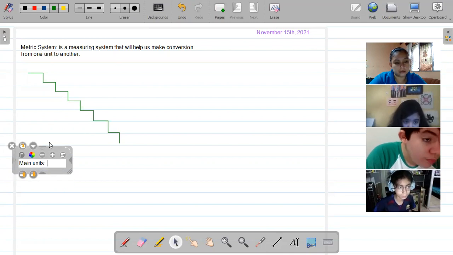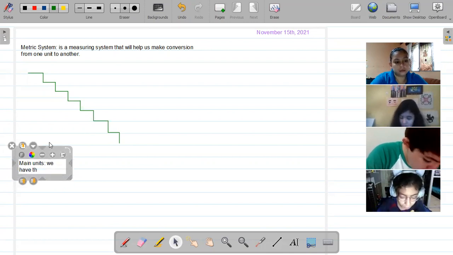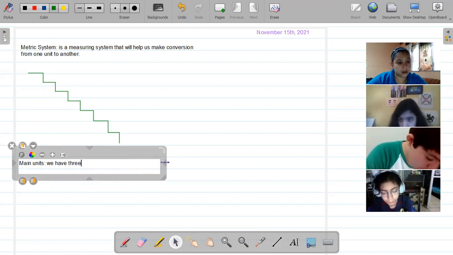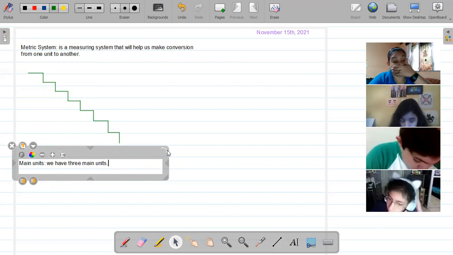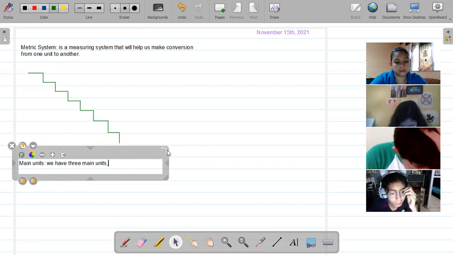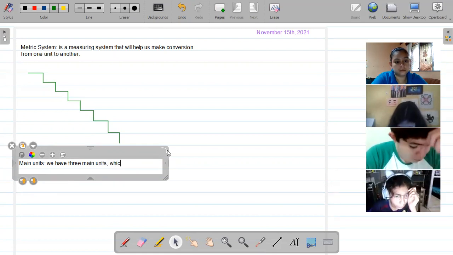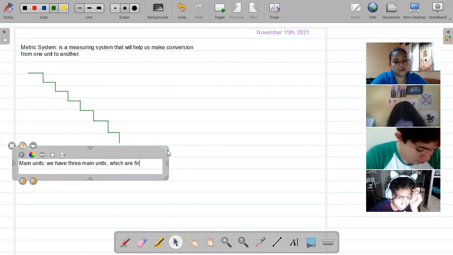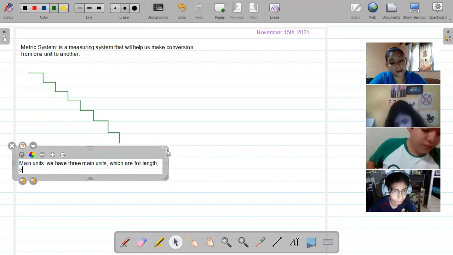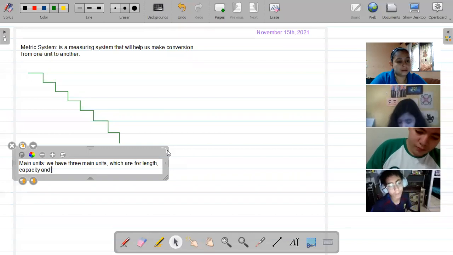We have 3 main units, which are for length, for capacity, and for mass.